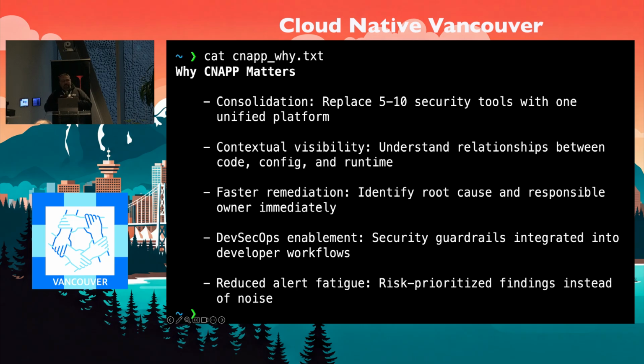So when you get into CNAPP, you can reduce the number of solutions and also get what we call contextual visibility: understand the relationship between the information collected by different solutions. You have a solution looking at your security posture management in cloud, but it can also correlate with the information you have for your identity and for the version of OS that you're using in your cloud workload, and so on.